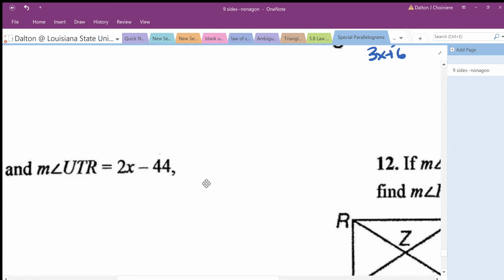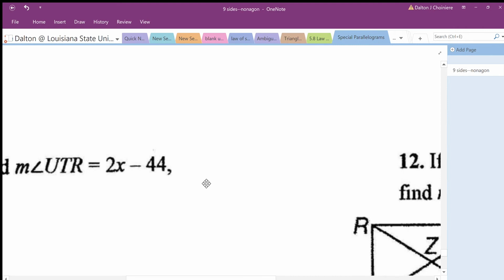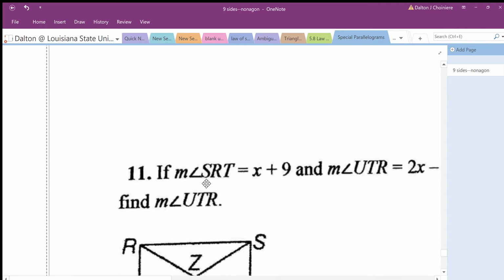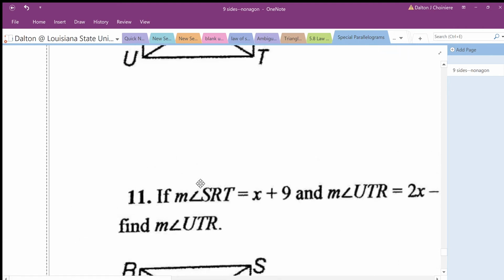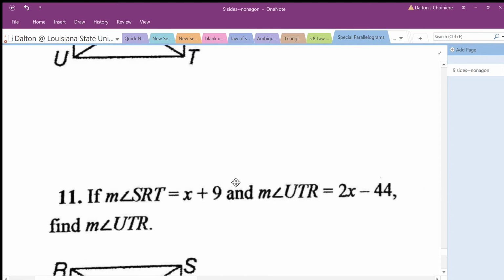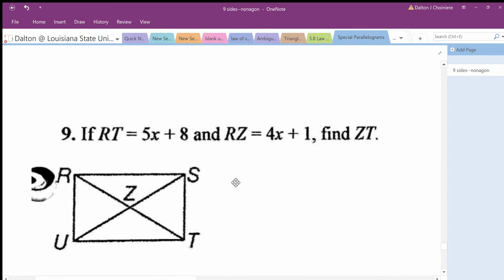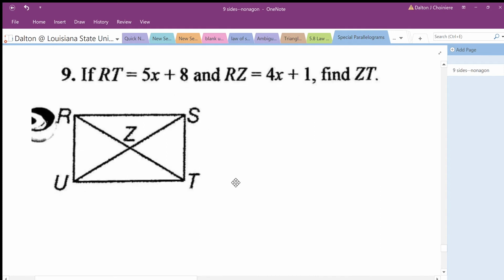What about number 9? Why? You have it on your paper. X equals 12.